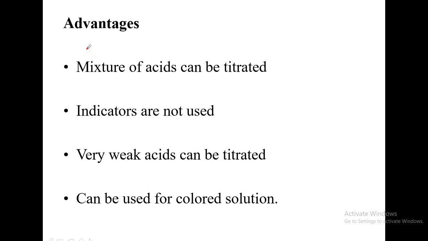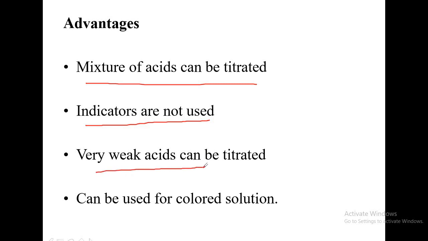Now let us see what are the advantages of conductometric titrations. The big advantage is that a mixture of acids can be titrated. By traditional titrimetric methods, it is not possible to titrate a mixture of acids. Indicators are absolutely not required in conductometric titrations, because the end point is determined by the point of intersection of the straight lines.